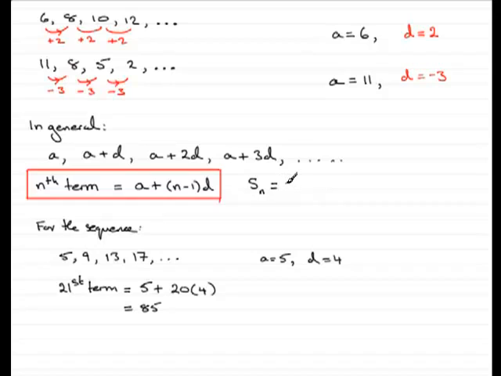And it can be shown that this summation is equal to n over 2, the number of terms that you've got, divided by 2, all multiplied by twice the first term, plus n minus 1 times the common difference d. And there's also another formula that you can use as well. It is n over 2 times the first term plus the last term, which we'll call L.